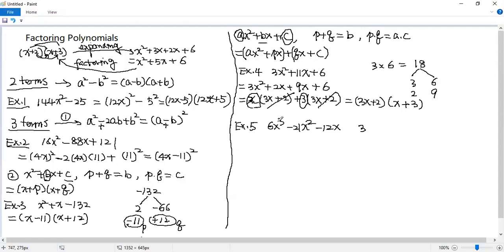The greatest common factor for the variable parts, x cubed, x squared, and x, is x, so we take it out. Then 6x cubed divided by 3x equals 2x squared. 21x squared divided by 3x equals 7x, and minus 12x divided by 3x equals 4.